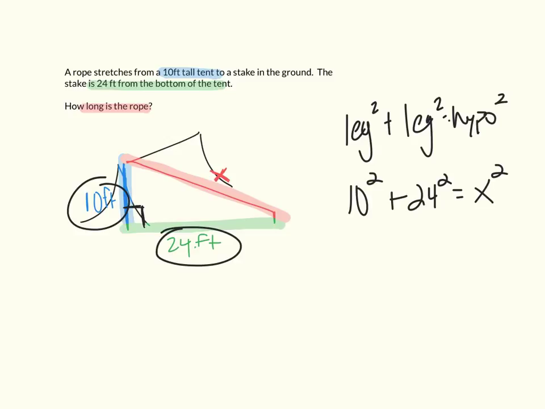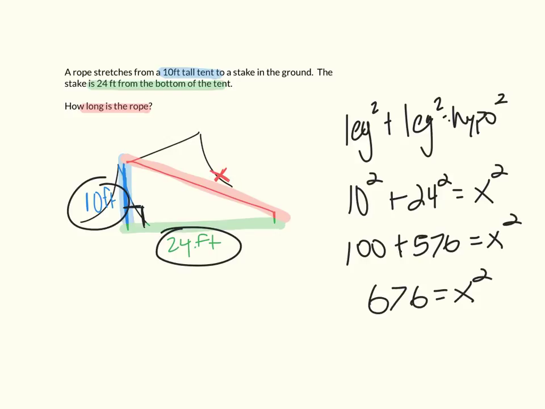And let's see, 10 times 10 is 100, plus 24 times 24, which is 576, equals x to the power of 2. And I can add 100 and 576, and when I add those together, I get 676, equals x to the power of 2. Beautiful work so far.